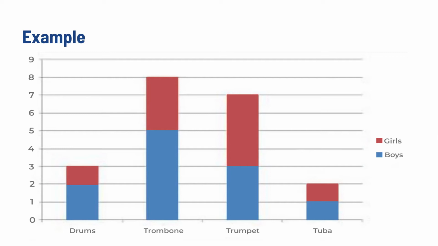You could create two bar charts, one for the boys and one for the girls. Or you could combine the information into a stacked bar chart. Let's take a look at what that might look like. So in this chart, the two categories for each bar are boys and girls. The key tells you the red represents the girls in the band and the blue represents the boys.